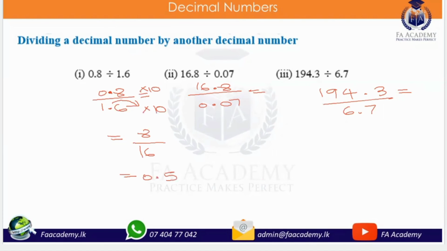Here you can see I need to move 2 decimal places when I consider the denominator. So your target is to multiply the denominator by 100, and the same thing should be done on top. Just don't think that there's only one decimal place on top, so I need to multiply only by 10. No, you first have to consider the denominator. So if there are 2 places to move for the denominator, the same thing should be done for the numerator as well.